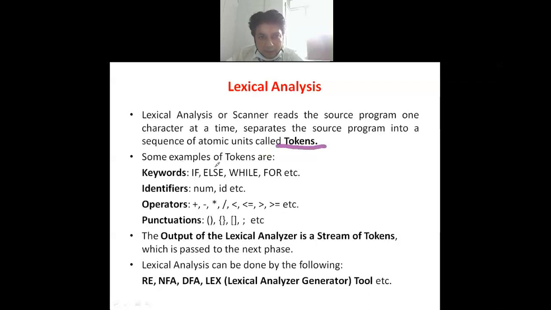Some examples of tokens are keywords like if, else, while, for, etc.